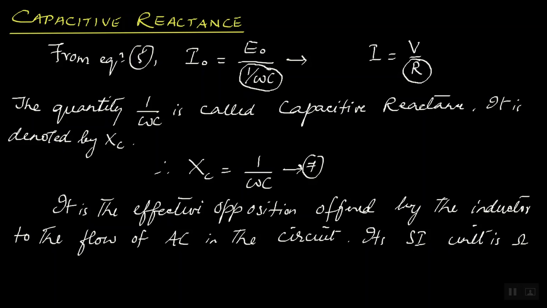Okay, so some important points when it comes to the capacitive reactance. For a DC, what is the value of omega for a DC? DC has no frequency, so the value of omega will be 0.